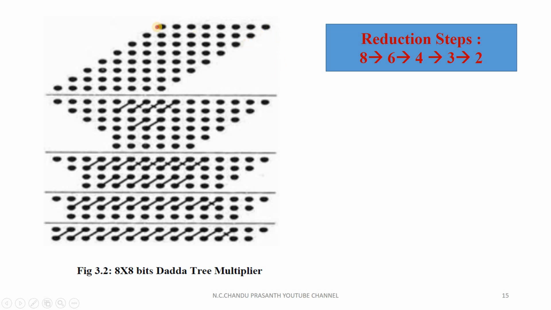So in the Dadda tree multiplier, observe the partial product height. In stage 1, the partial product height is 8. In stage 2, it reduces to 6. In stage 3, it reduces to 4.